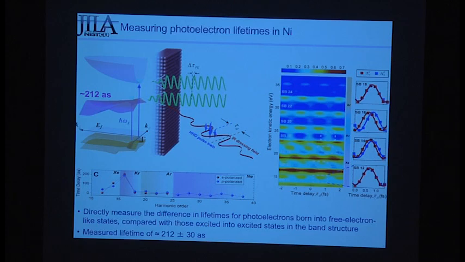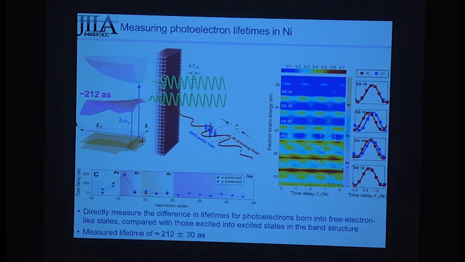Okay, so this is the experiment. We have occupied bands and unoccupied bands. You can photoemit into an unoccupied band or into a free electron final state. What we can do is measure the time difference between photoemission through these unoccupied excited states, with very short lifetime, compared to a free electron final state.